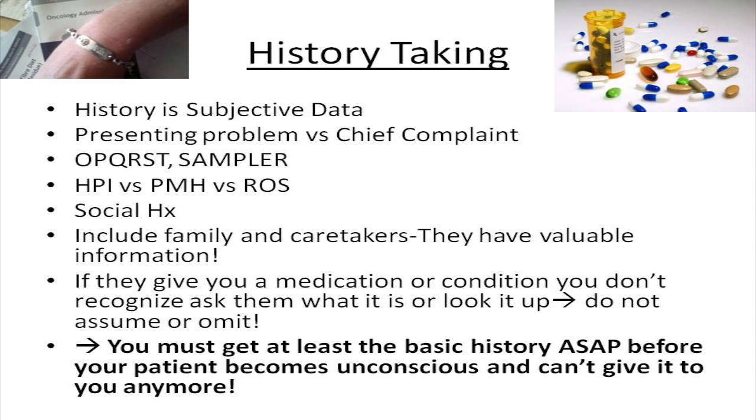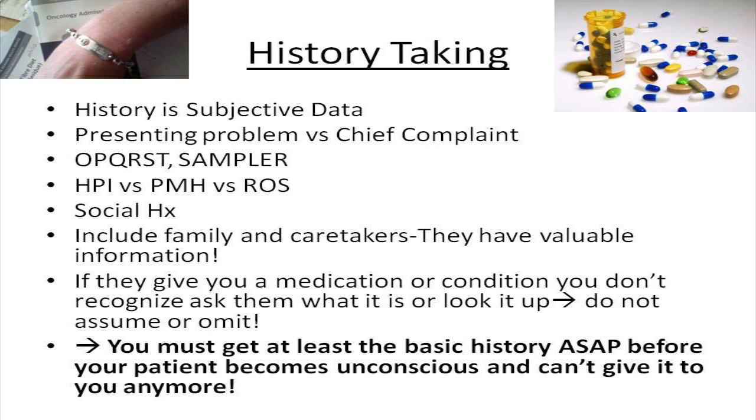And a review of systems is a concept that doesn't really get taught that much in EMS, I don't think, but it's very integral to patient assessment and history taking for physicians and nurses. Review of systems really means I'm going to ask some very pointed questions covering each organ system to see if I can uncover related or associated symptoms that might help me to narrow my focus down.